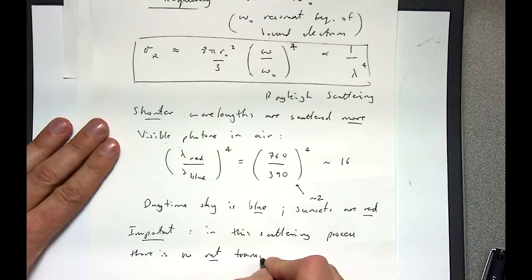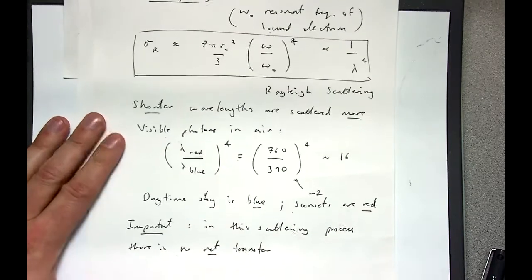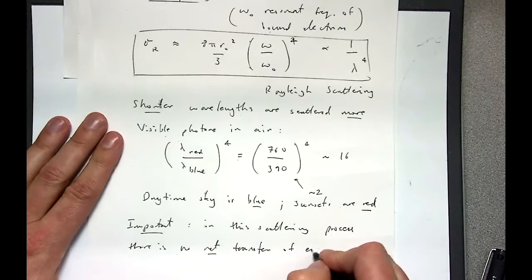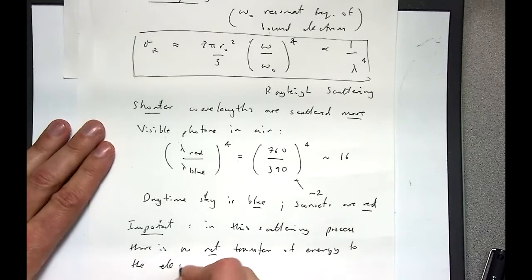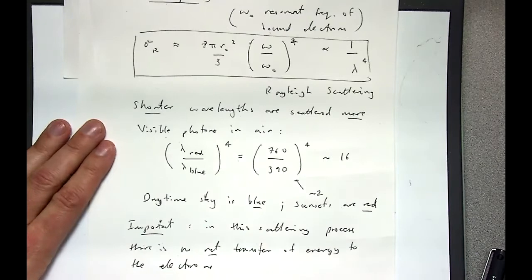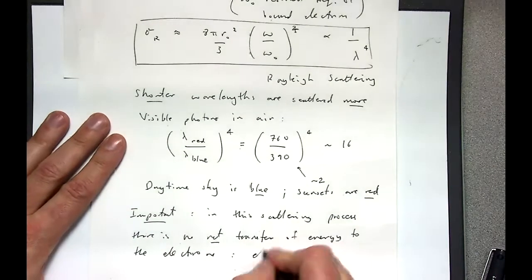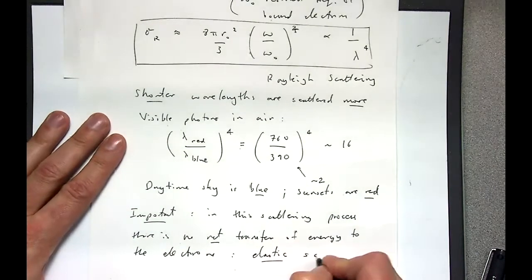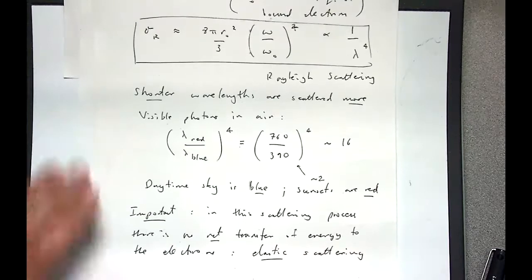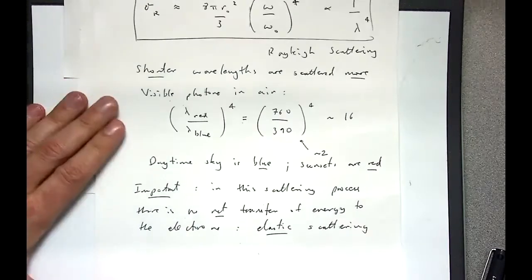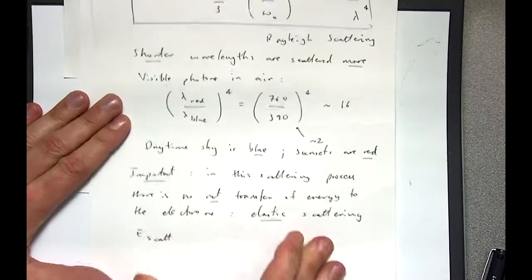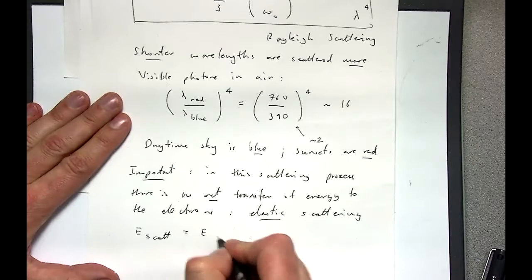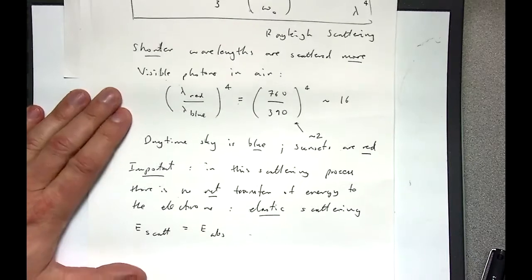Okay, so the atoms are giving rise to the scattering, but there's no net transfer of energy to the electrons. Okay? In other words, we call this elastic scattering. Right? And one consequence of that is that for each photon, the scattered photon energy is equal to the absorbed photon energy. Okay?